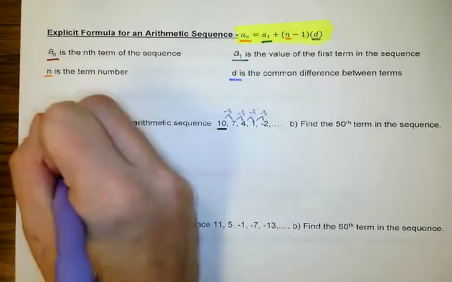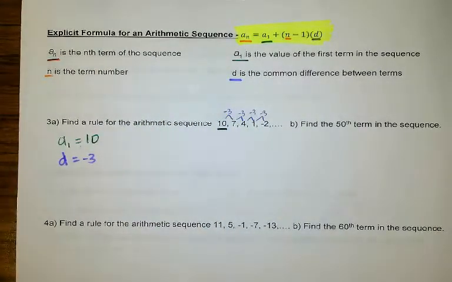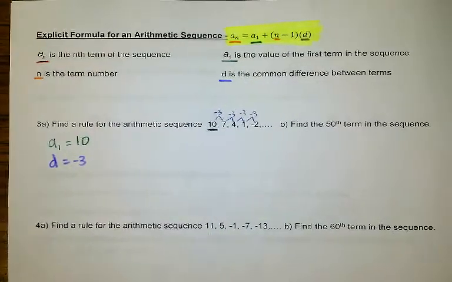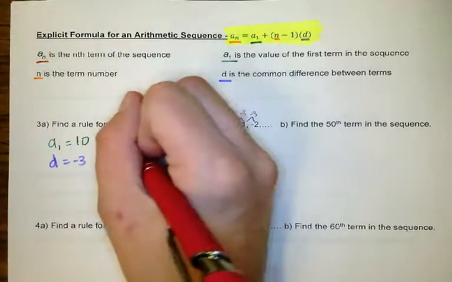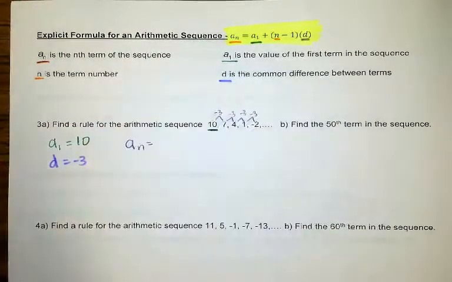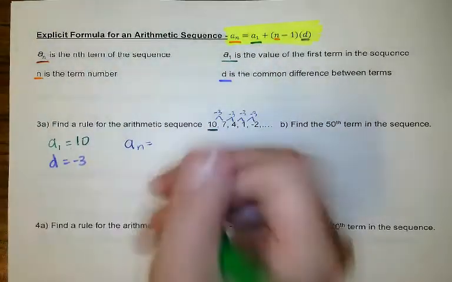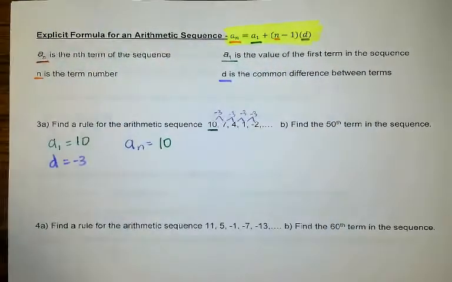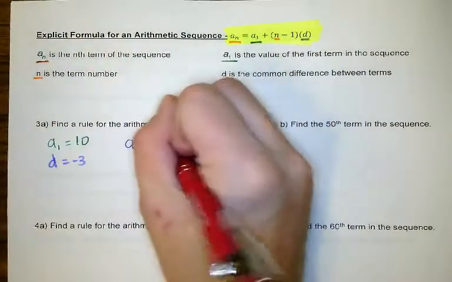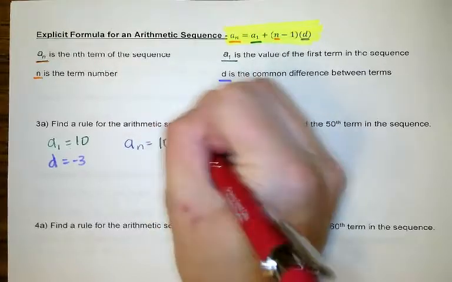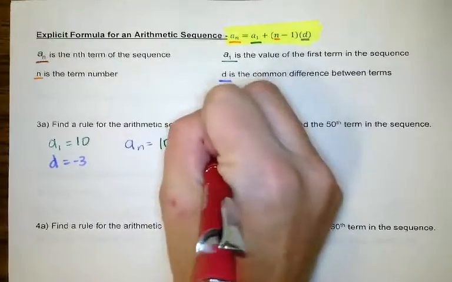So we have a sub 1 and we have our common difference. Since we know those two things, we can write an equation. So a sub n is equal to a sub 1, which is 10, plus parentheses n minus 1 times d. Do y'all feel good about that?